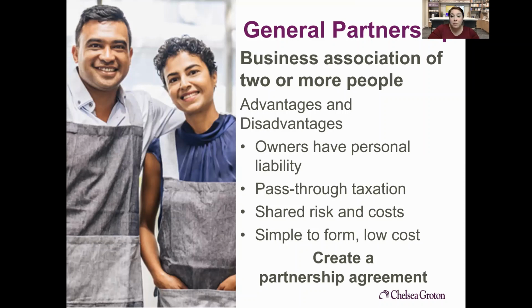Who's in charge of the management of the business? Are you both equally responsible for it? Is somebody on the day-to-day management? Who's doing the bookkeeping? Who's doing the banking? And who can terminate the business? Do you need both partners to agree to terminate the business, or can the 80% share partner terminate the business on their own? Those are all the things you are going to have to spell out in a partnership agreement that you will provide to everybody when you file for a general partnership.